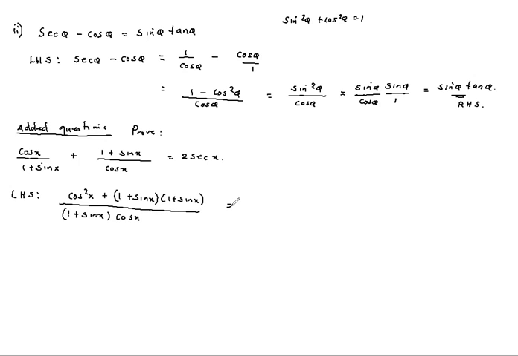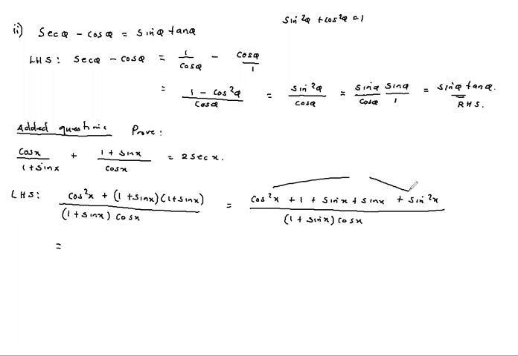And this will become what? Cos squared x plus 1 plus sine x plus sine x plus sine squared x, over 1 plus sine x cos x.